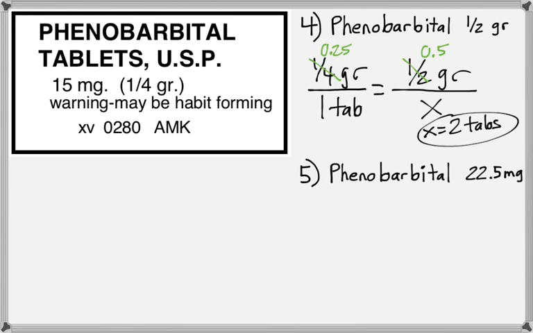On question number 5, the order is coming in at 22.5 milligrams of phenobarbital. So it's the same label, but this time I want to use the 15 milligrams because that's going to match with the 22.5 milligrams. So same label, but I'm just using the other strength.